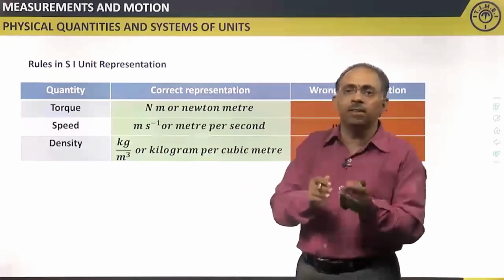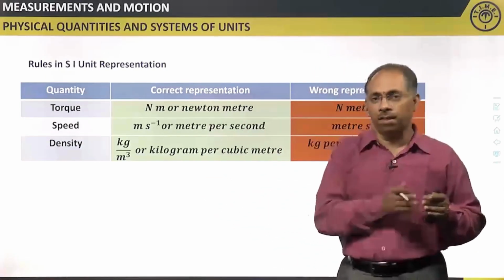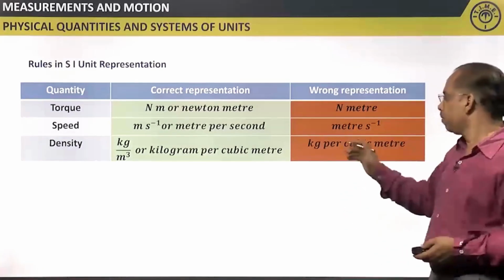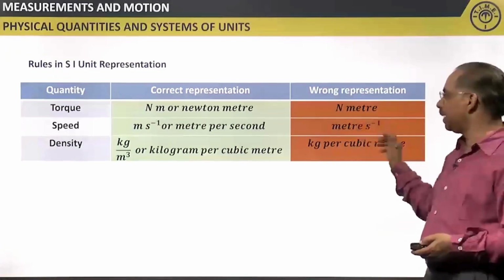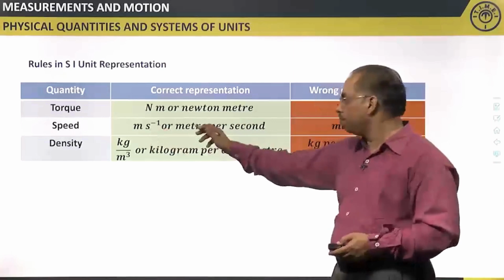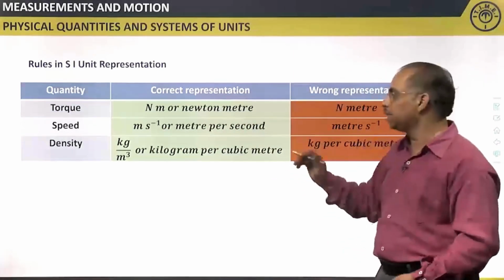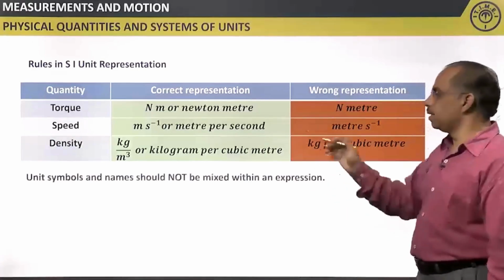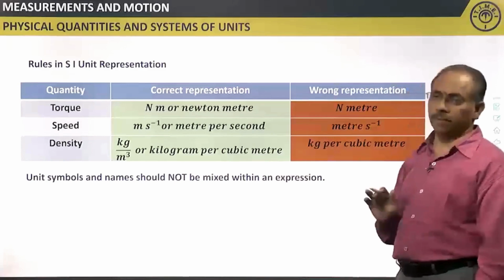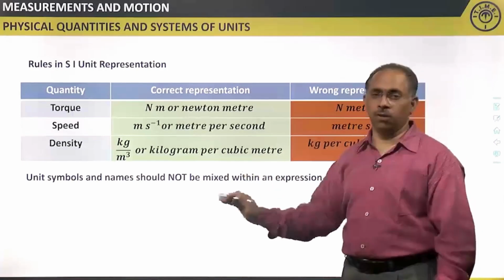Half of the unit taking the symbol notation and half taking the naming notation is not right. So writing meter per s this way is wrong. You write m/s this way, or you completely write meter per second. The rule says that you cannot mix unit symbols and names within an expression. That is the rule to be followed.